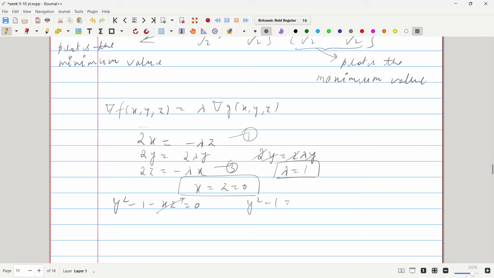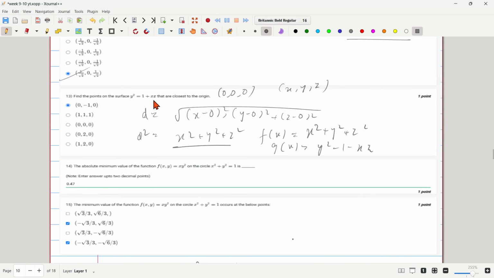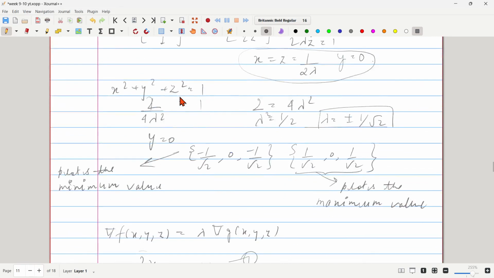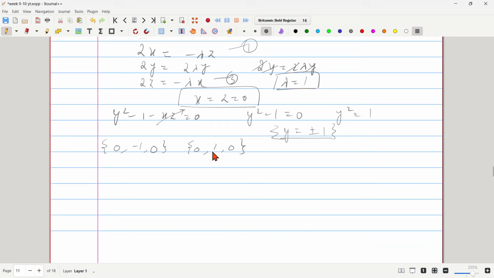So y square minus 1 is equal to 0. So y square will be equal to 1 and y will be equal to plus minus 1. Okay. So you will get 2 points from here, 0, minus 1, 0 and 0, 1, 0. Right? So fine. The point that is closest to the origin is 0, minus 1, 0. And for the farthest, you can select this option 0, 1, 0.